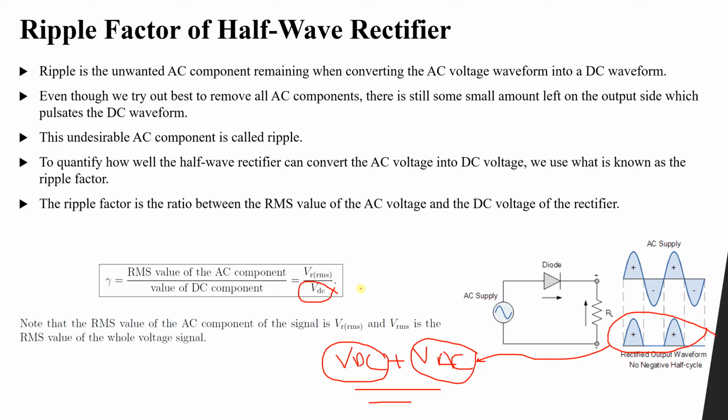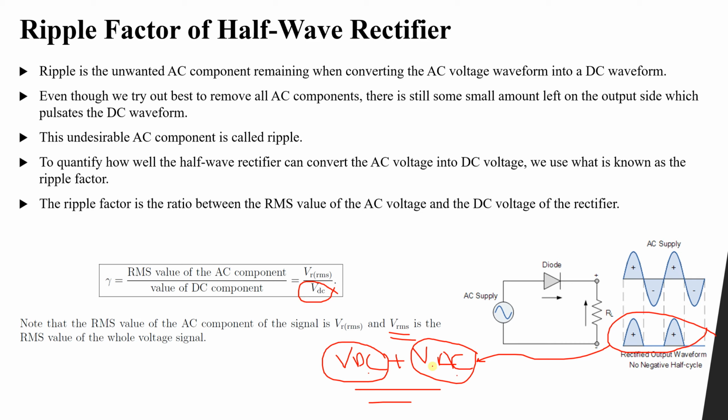However, V_RMS, which we obtained in the previous lessons when we talked about consumed power or output power, is in general the RMS of the whole signal. So again, we have DC and AC. DC only is the average part.